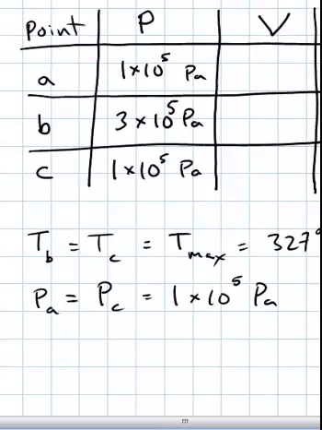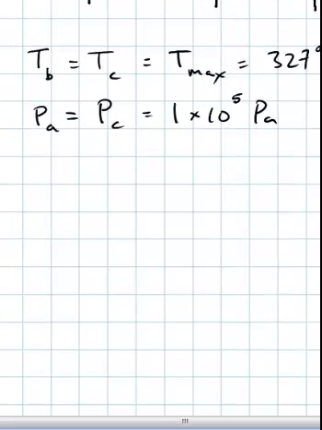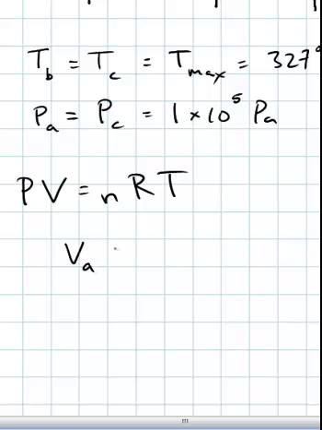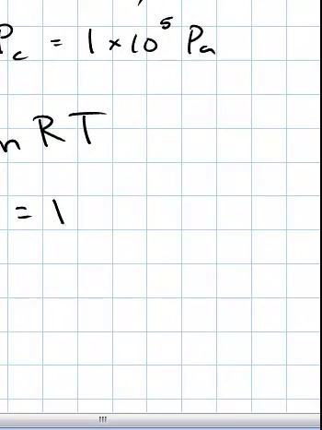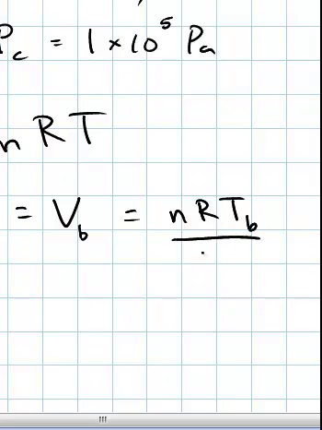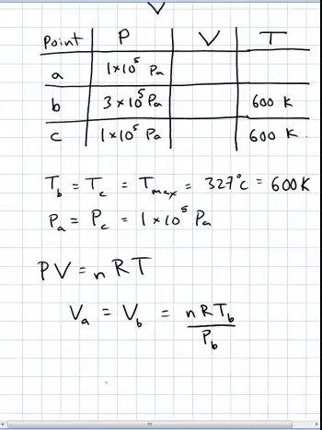And because we can treat this as an ideal gas, we can use the ideal gas law, PV equals nRT. So the first thing I'm going to look for is the volume at A, which is also equal to the volume at B, because it doesn't change there. And that's going to be nRT_B over P_B. And what is that?